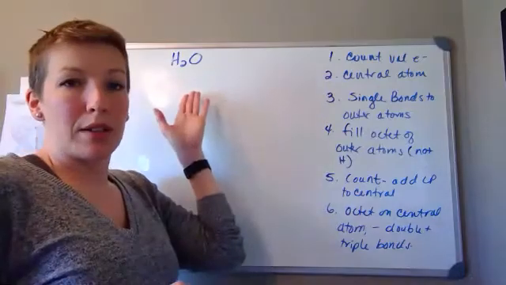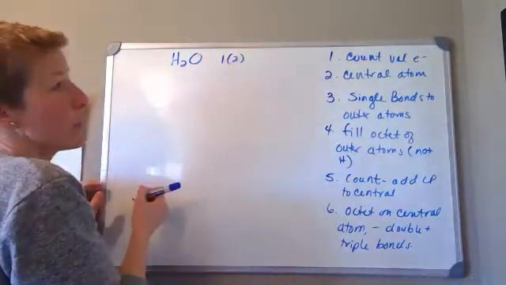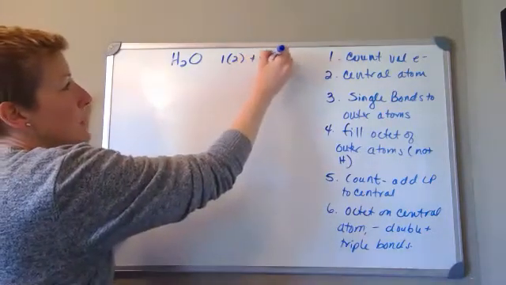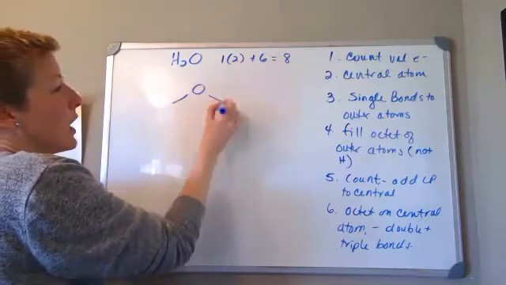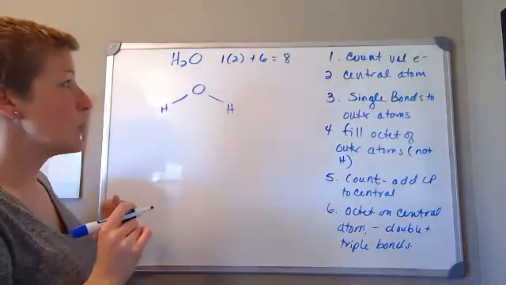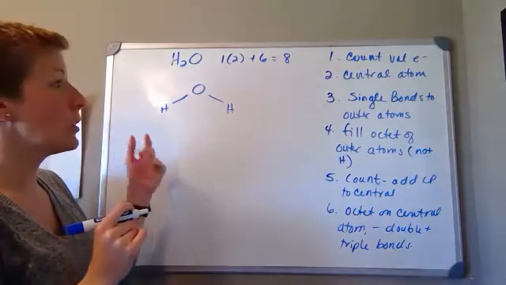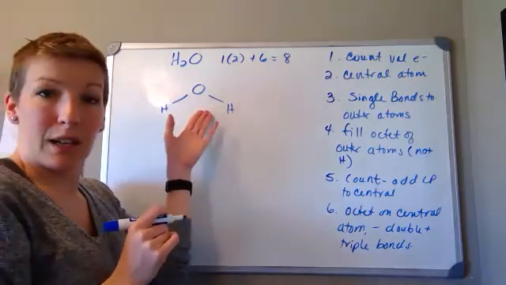This works both ways, but let's do the rules. If we count, I have 1 times 2 electrons for the hydrogen plus the 6 here, so that gives me 8. I draw my oxygen, I single bond to my outer atoms. This is hydrogen, so we don't fill the octet, and we count 2, 4. Oof, I need to get 4 more electrons.